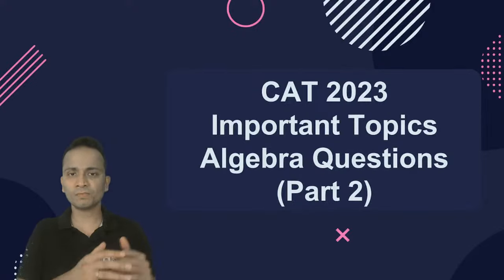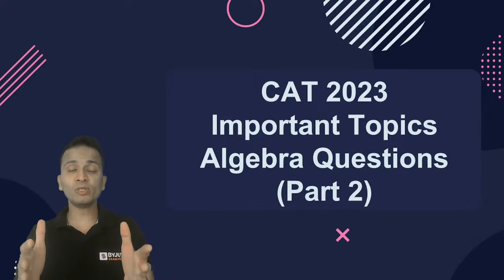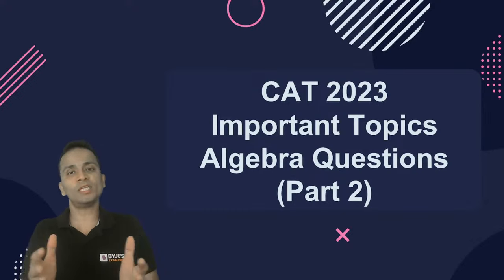So what you must do is, you have mentioned that you have solved a lot of questions in arithmetic. Now I'm not only talking to Ankit, but to other students as well.